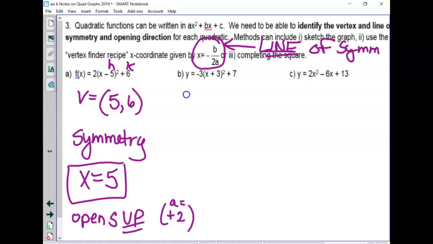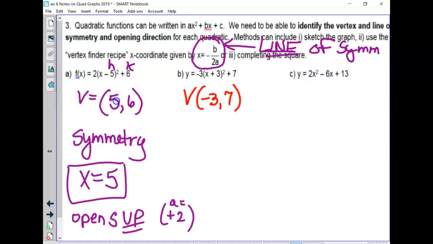All right, B, go through real fast. Who can do this one? All the steps for me. Jack, can you tell me the vertex? Okay. Aislinn, can you tell me where the line of symmetry is then? Look at this one.